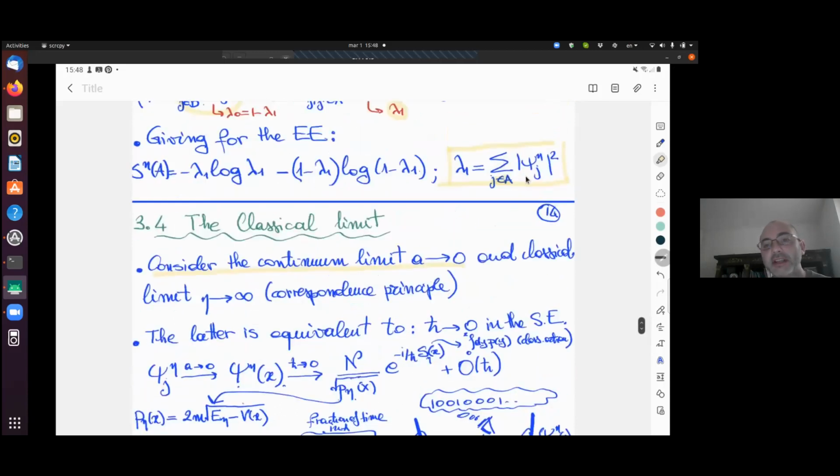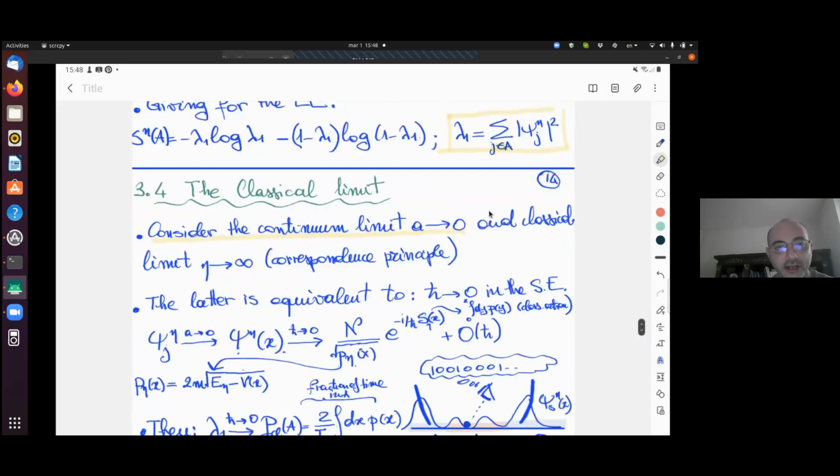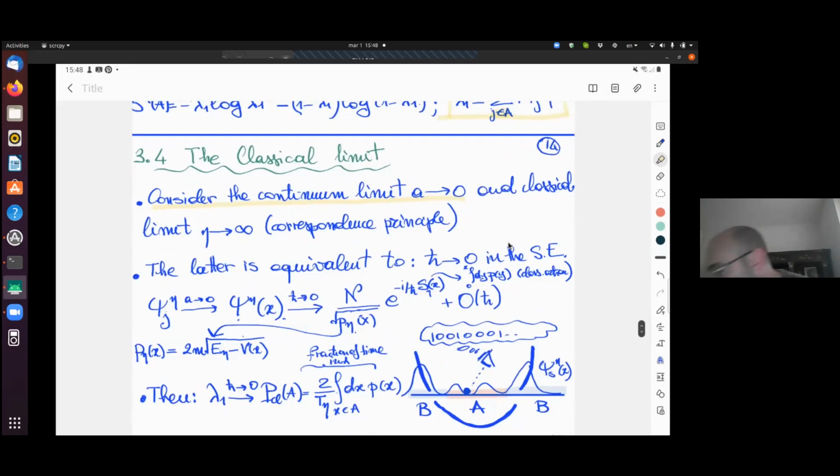In this limit, this sum becomes an integral, and the amplitude psi j becomes the Schrödinger wave function. Then we take the classical limit in which eta goes to infinity. The quantum number eta is very large, and this limit corresponds, in this case, to the usual h bar goes to 0 limit in the Schrödinger equation.